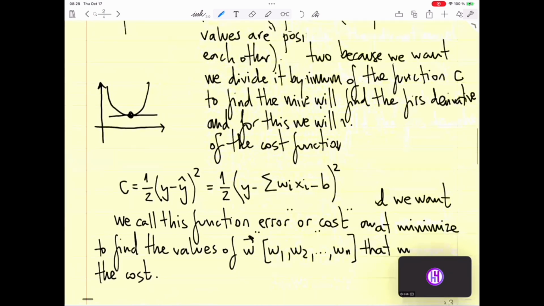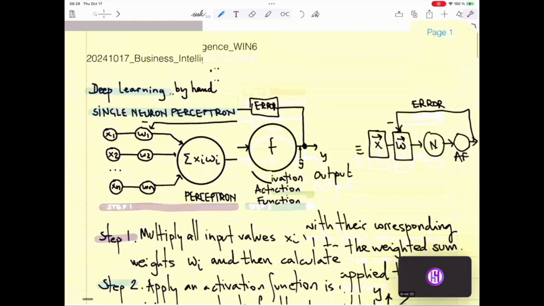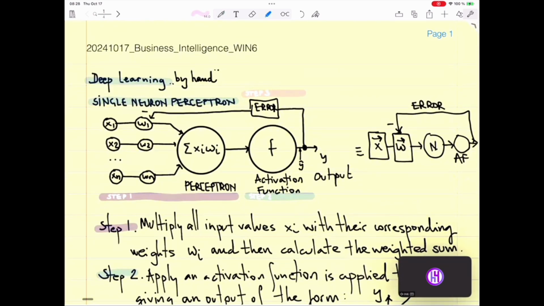So we have now step number 1, step number 2, step number 3, and then we need to perform several loops here.